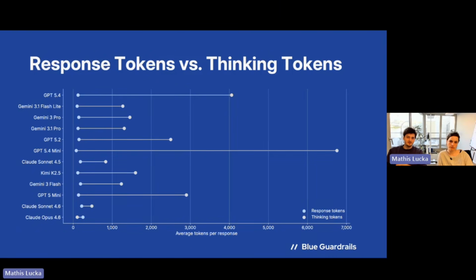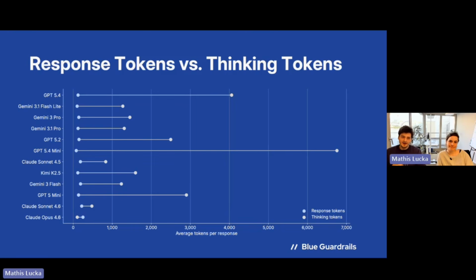Here you can see the difference between the number of thinking tokens, kind of invisible tokens that the model uses to think, that are produced, and how many output tokens. And you can see that on average, all models produce answers of a similar length, a similar token count, somewhere around 70 to 120 tokens on average.